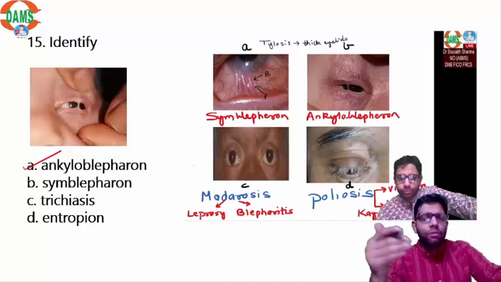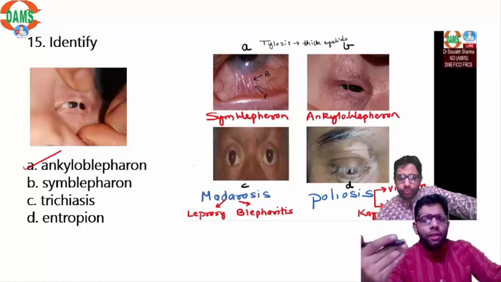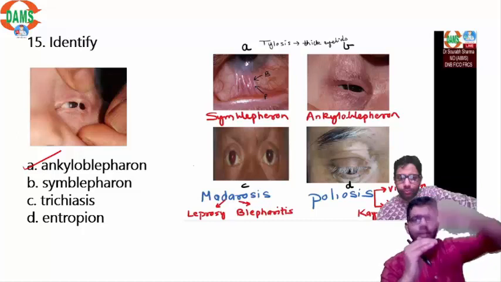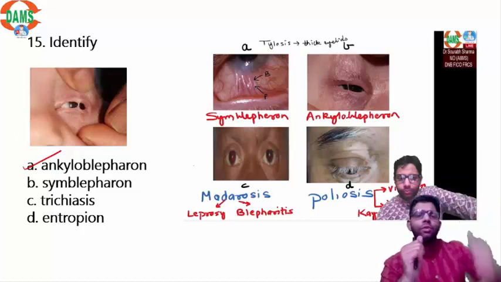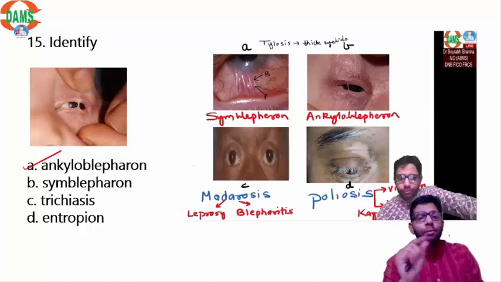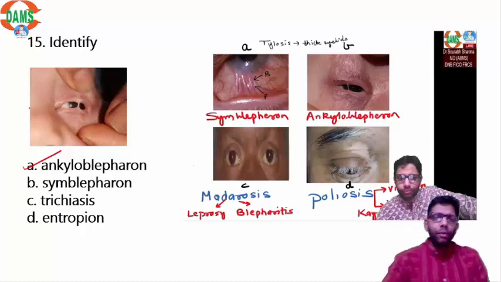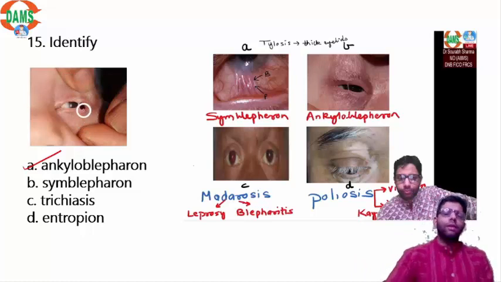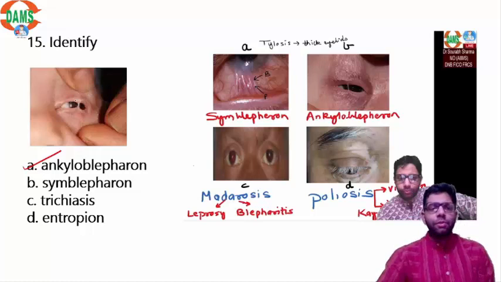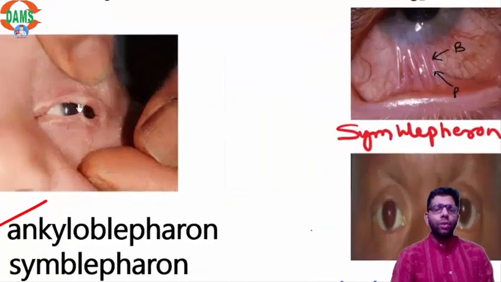Ankyloblepharon is formed due to failure of separation of the two eyelids. The two eyelids fuse and then they separate. Partial failure of separation is known as ankyloblepharon. If they totally do not separate, that is known as cryptophthalmos, where the entire skin is covering the eyeball. Here partial failure of separation is ankyloblepharon, causing adhesions between the upper and the lower eyelid.